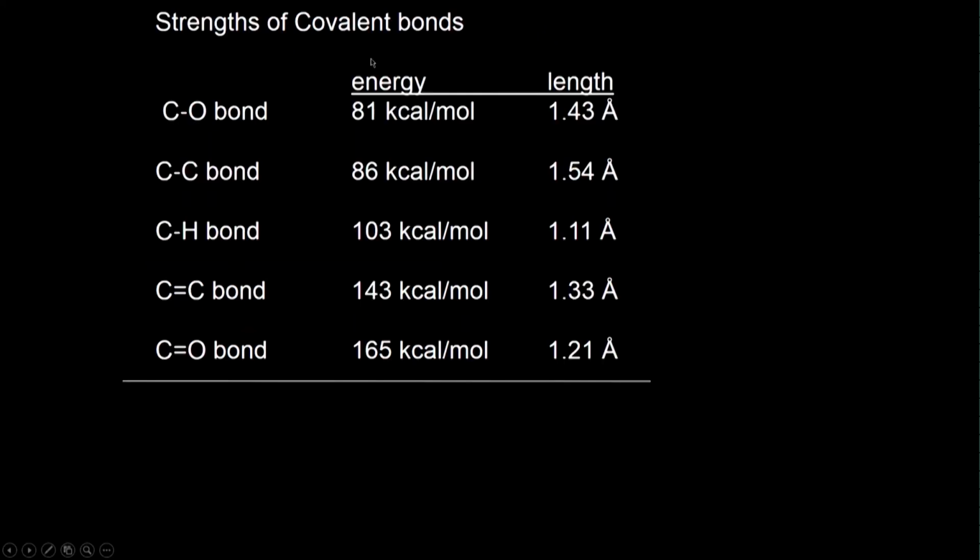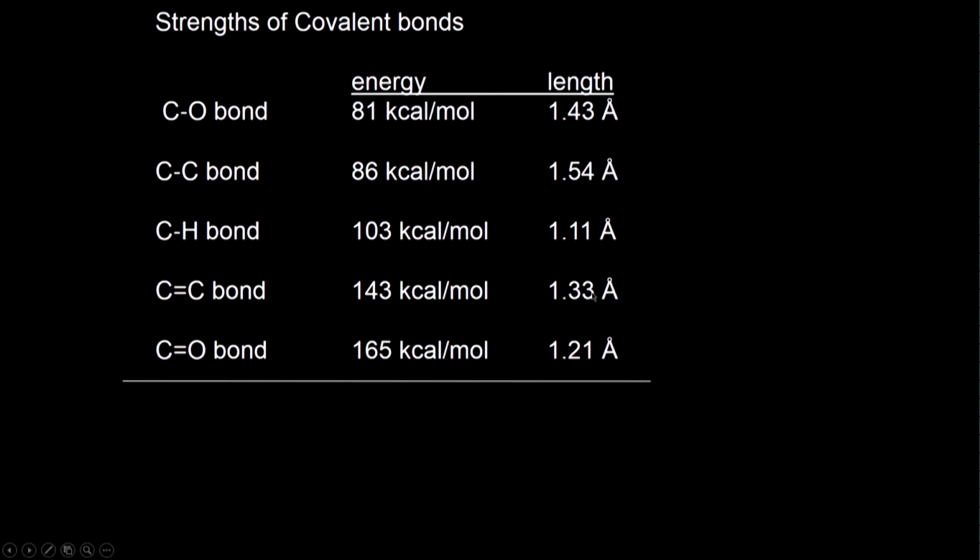If you look at covalent bonds, the strengths, as I said, are quite large. C single bond O, C double bond O, look at these energies, and again look at the distances. If it is C double bond O, the distance is going to be much smaller than C single bond O. Similarly, C single bond C is 86 kilocalories with a length of 1.54 angstroms, and C double bond C is 143 kilocalories, a big jump, with 1.33 angstroms.